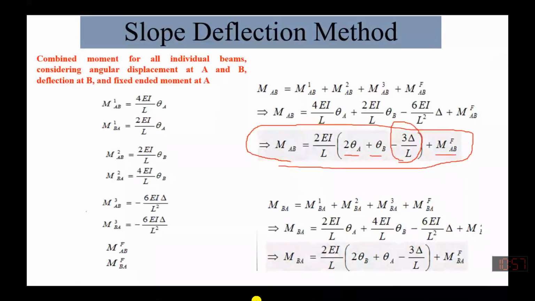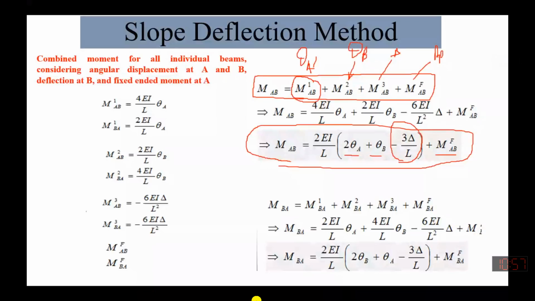As you have seen in this recorded lecture, these are all the separated effects of individual structures. We took theta A as a redundant, then our unknown displacement was theta B, and here our unknown displacement was delta, and this is due to the applied load.